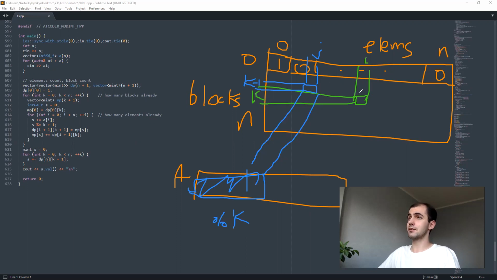How to get this thing? Well, simple. You take this and you subtract this, right? As usual. So we actually want to group j's that give the same value of prefix sum modulo k.